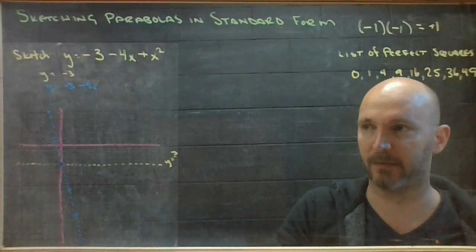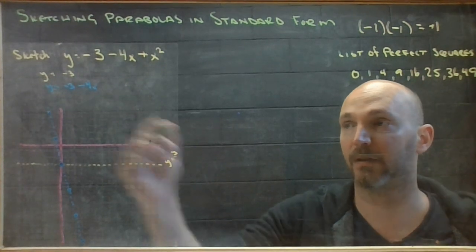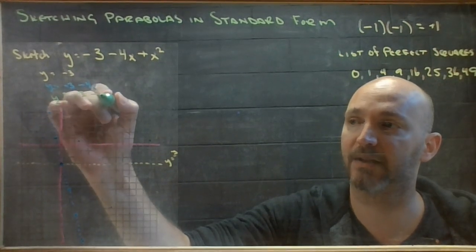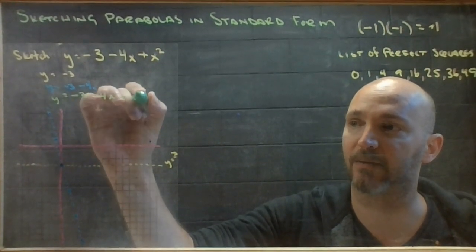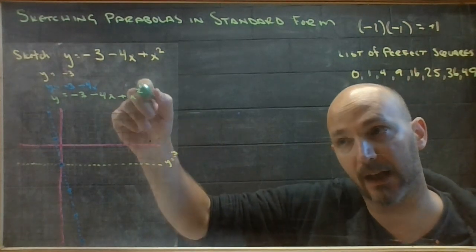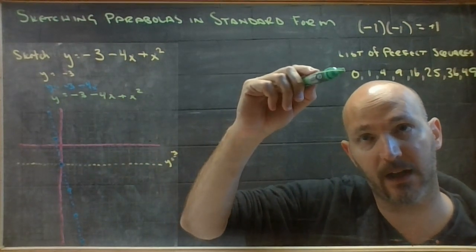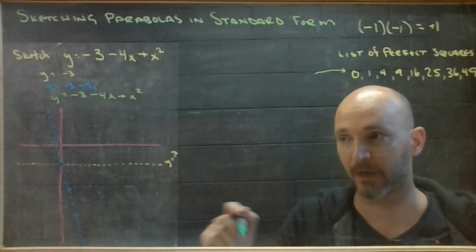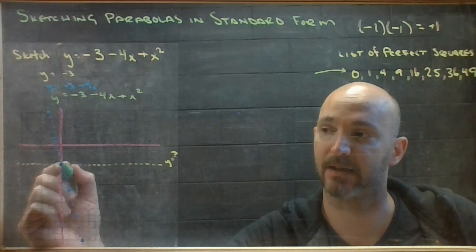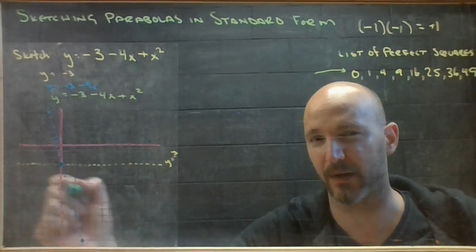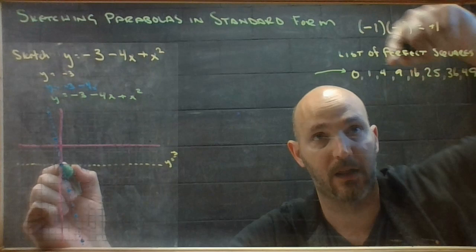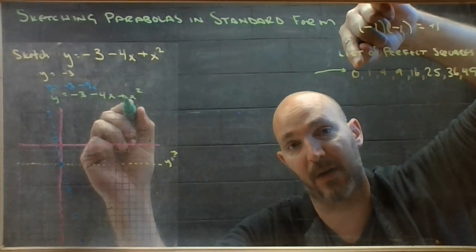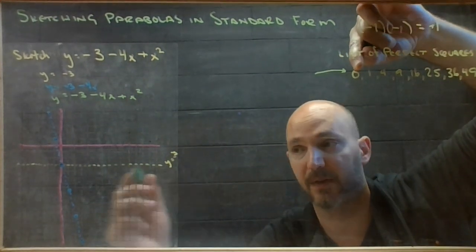All right. Now to finish, I'm going to sketch y equals -3 minus 4x plus x squared. Now, adding x squareds, I need to know these numbers or have them written down somewhere. So starting at this place, right, this seems to be always where we start from, I should be going up 0. Up because it's positive, 0 because that's my perfect square.